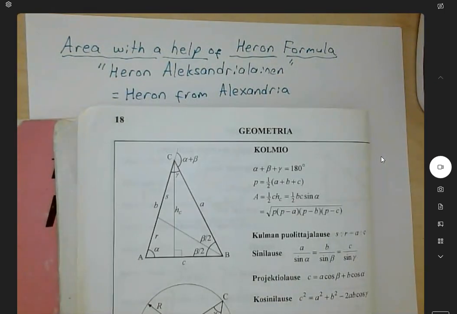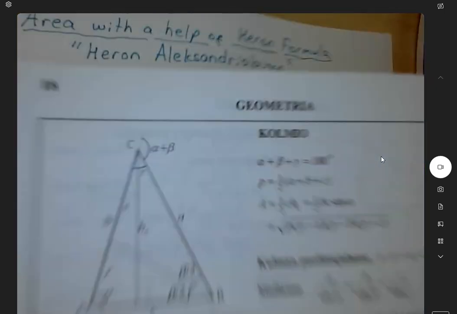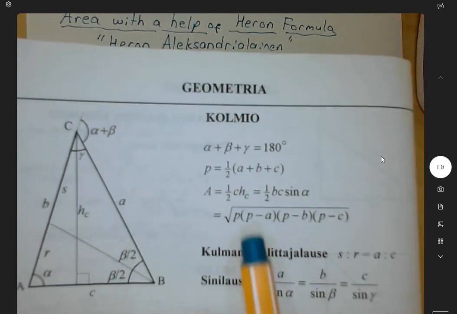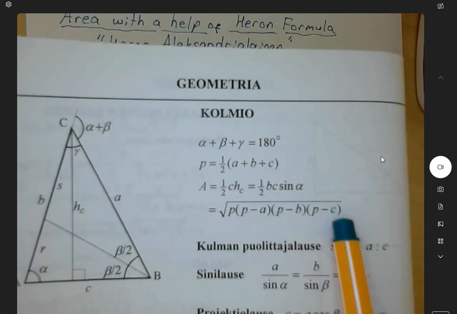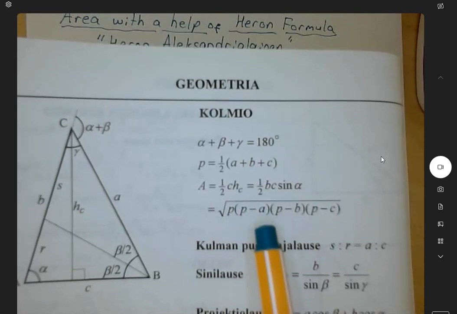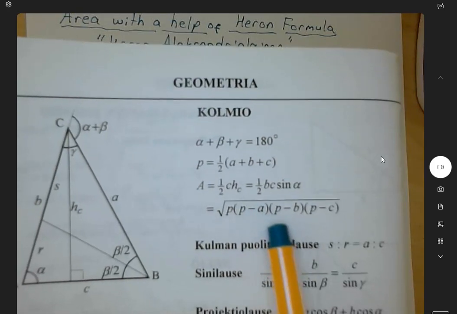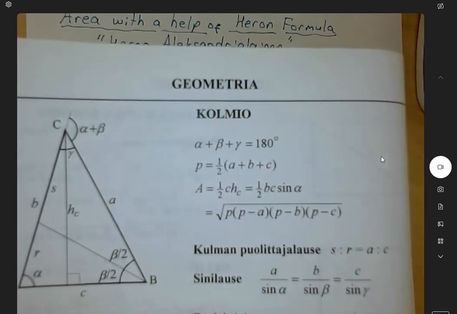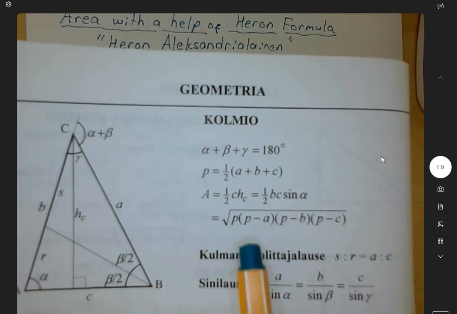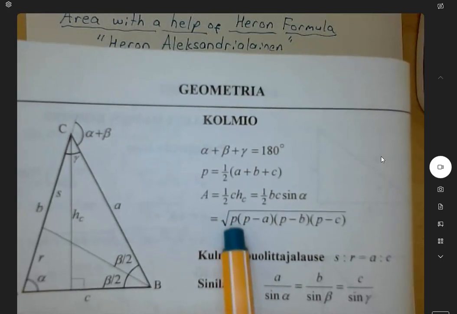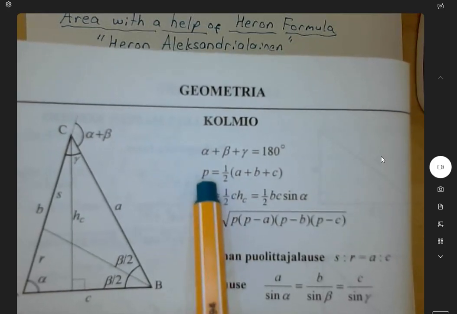In this formula we use A, B, C, so this is useful especially when you know all the sides of the triangle but no angles at all. And this B here is told here.